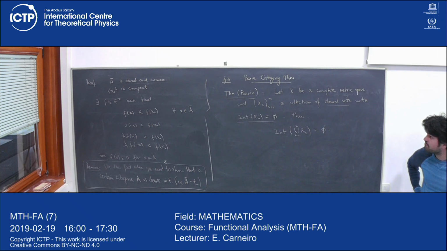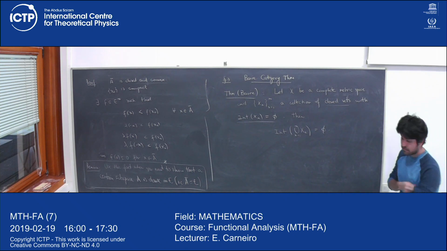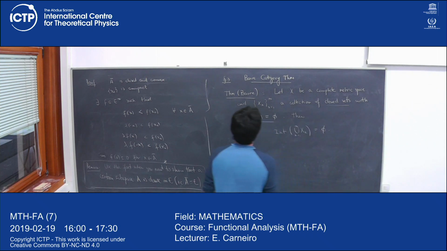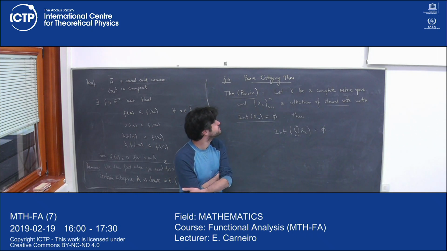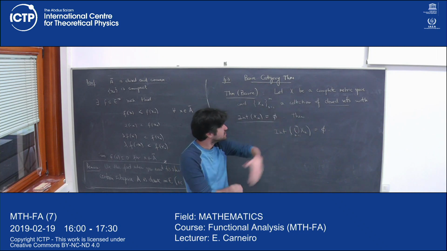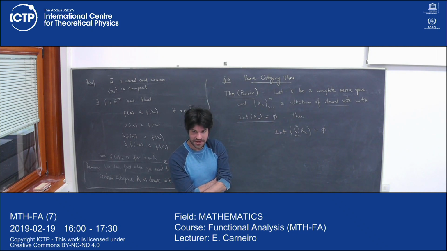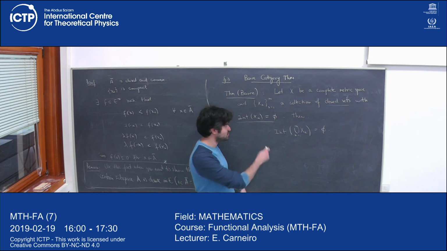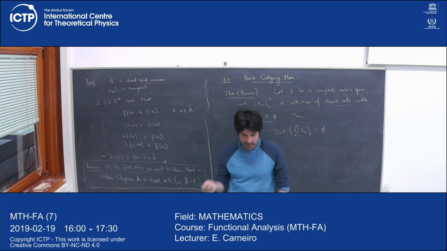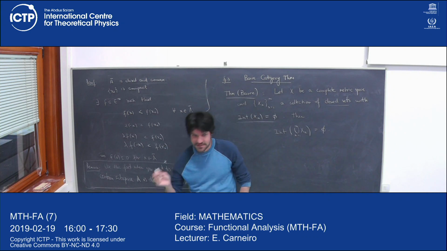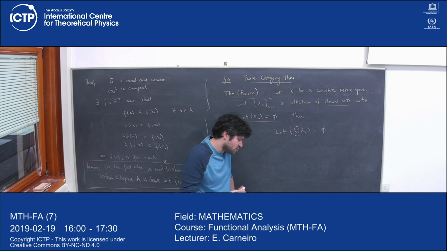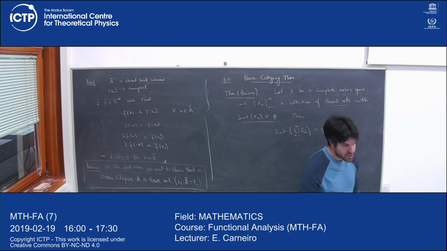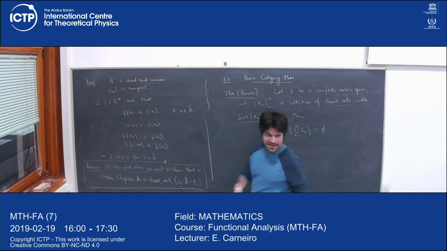Baire is the name of the person who proved it, and this is usually called the Baire category theorem. You say, why category? I don't see any relation to this word category here. It's that Baire, when he was studying these sorts of sets, unions of closed sets or unions and intersections of some things, was defining different categories of sets.